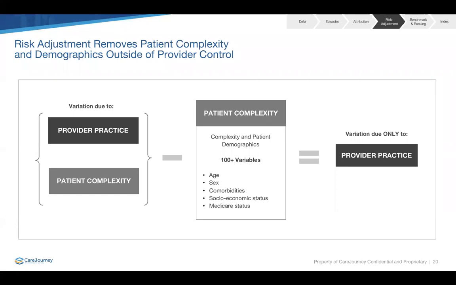And we understand that today that is often masked in patient complexity. How do we take the complexity out of the equation in measuring individual provider performance? Well, today, we've made the judgment that we should normalize patient complexity on over 100 variables by age, by sex, by comorbidities, by socioeconomic status, and the like.